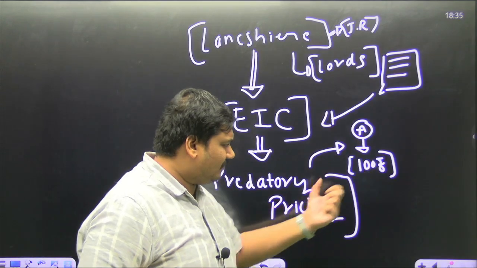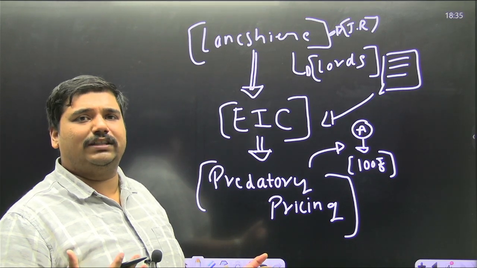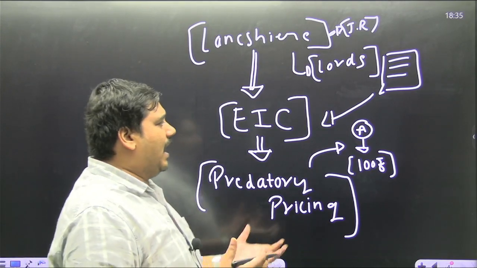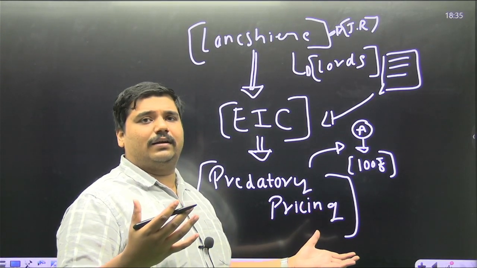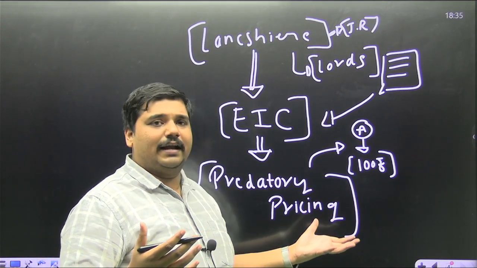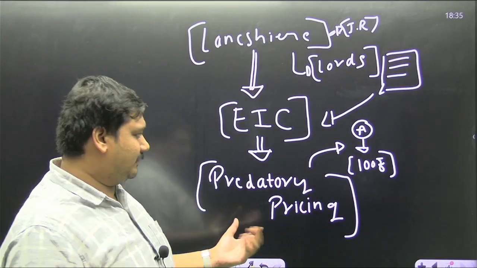Therefore, the Indian industries had no choice but to sell within the borders of the country. And thanks to the predatory tariff policies of the British, India could not even engage in trade with other countries.